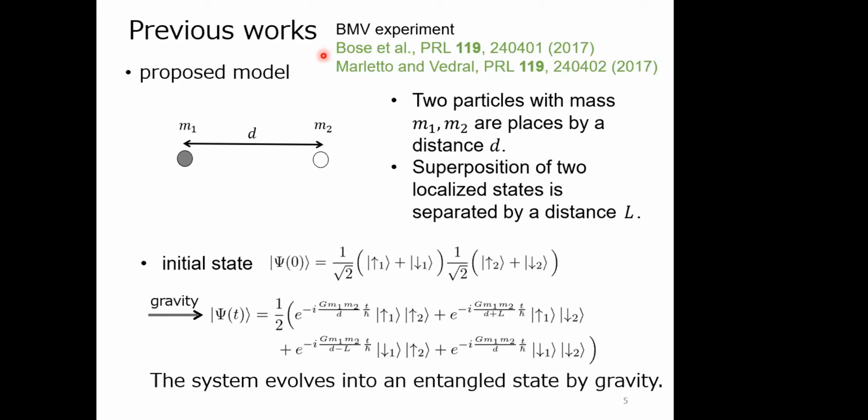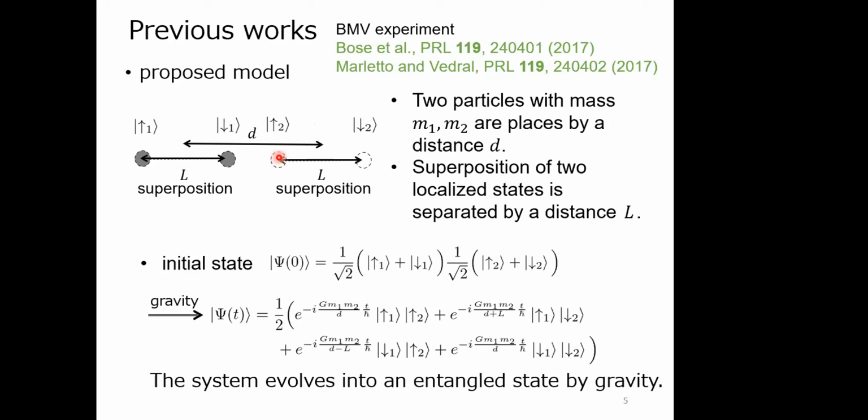First, we consider two particles with masses m1 and m2 separated by a distance d. Then, using the Stern-Gerlach experiment, we prepare each particle in a superposition of two localized states separated by a distance l. So originally the distance is d, and the superposition distance is l.